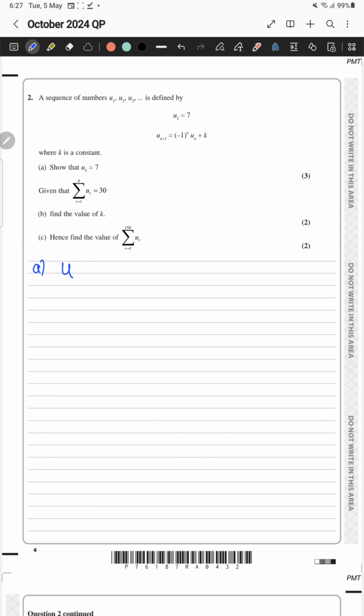Now u2 is going to be u(1+1) equal to minus 1 to the power of 1 times u1 plus k. So this is going to be minus 1 to the power of 1. Now u1 is 7, plus k. Now u2 is minus 1 times 7 plus k, which is k minus 7.